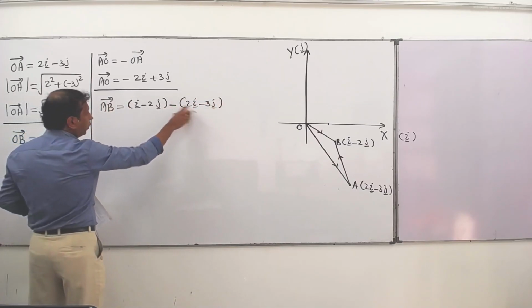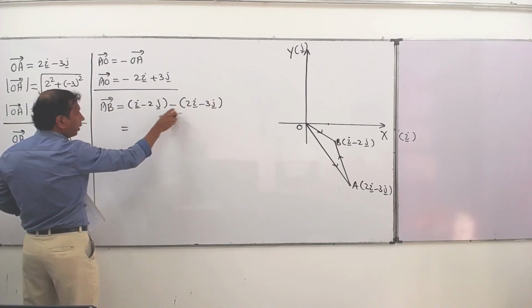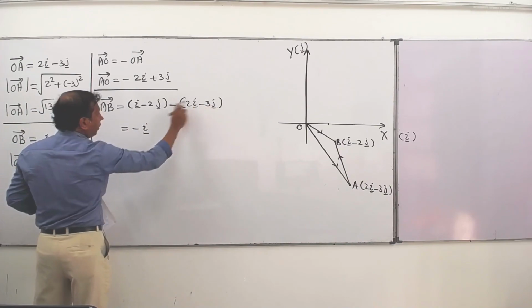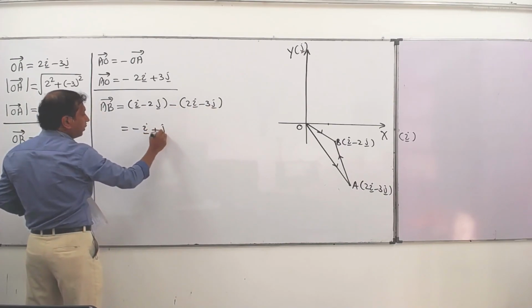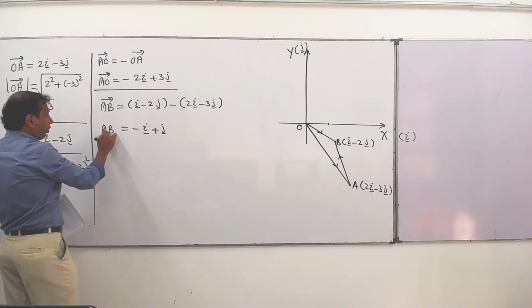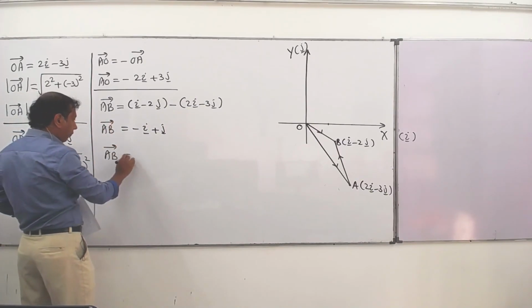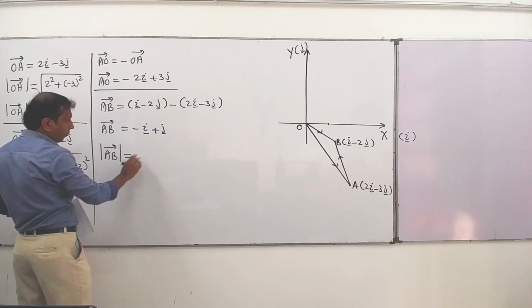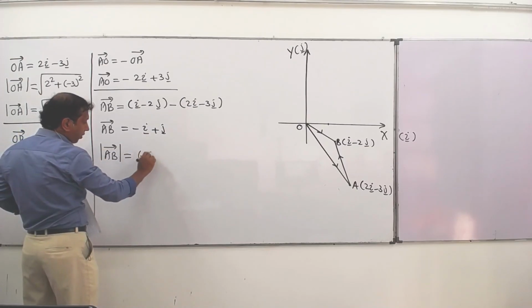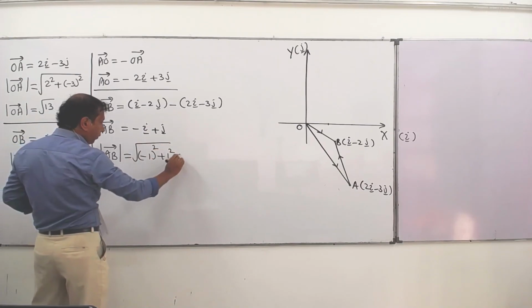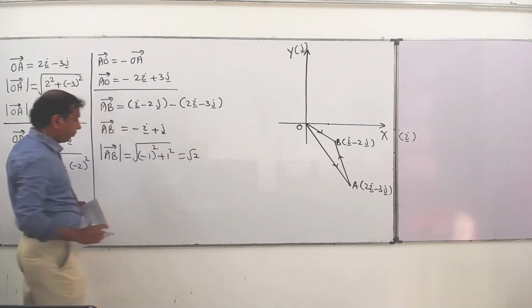Here i minus 2i is minus i. Here minus 2j plus 3j is j. Then the AB vector modulus is the square root of the i coefficient squared plus the j coefficient squared. This is root 2.